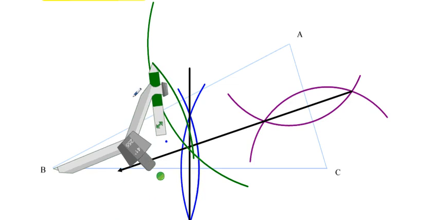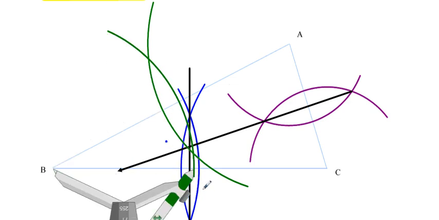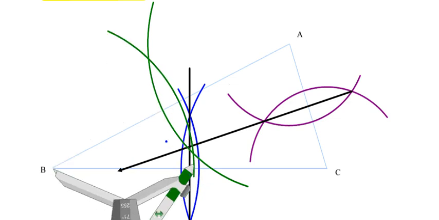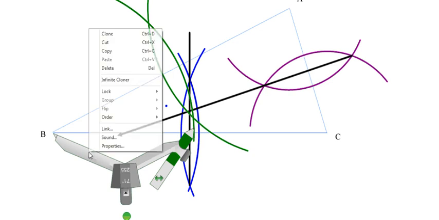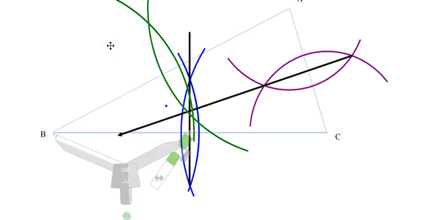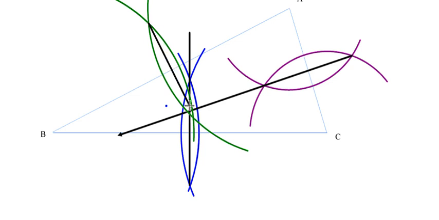And again, if you have the option of doing different colors with your compass, I would highly recommend that, just because we're constructing so many different constructions within the same picture, it can get very busy at times. Ooh, and I did a very nice job with this construction.